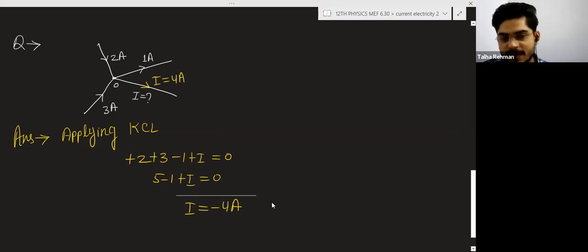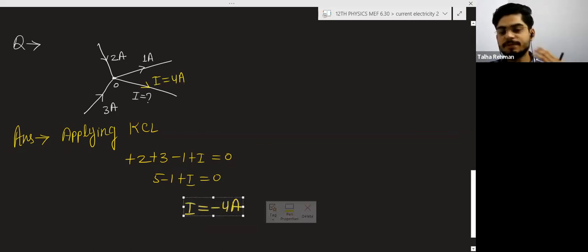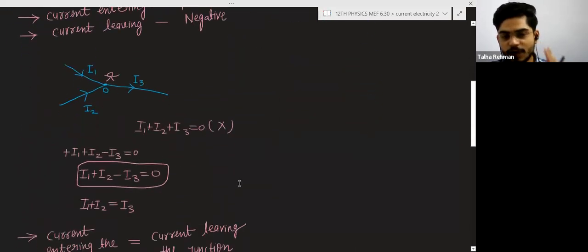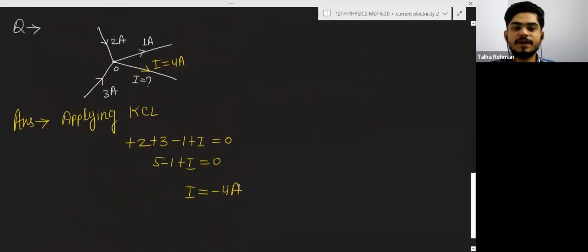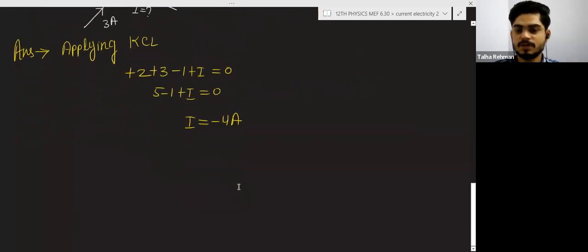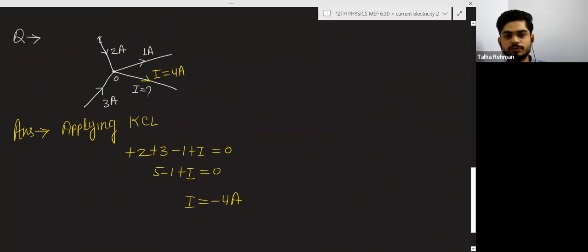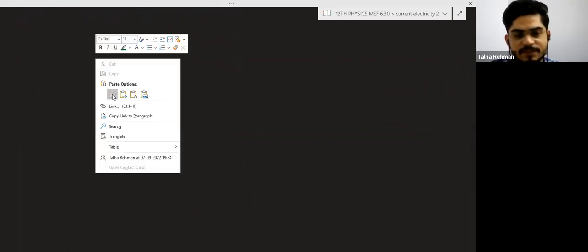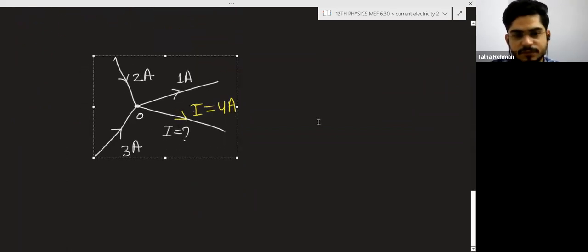Because the sign is minus here and we have considered negative sign as current leaving. And if you are doing that question from current entering and current leaving, you have to consider the sign also for this. I am just solving from that method also.